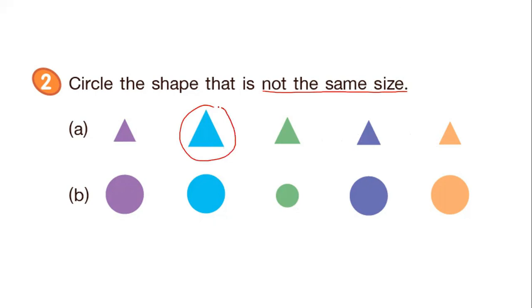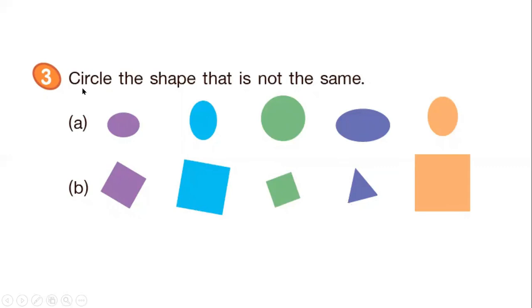Okay, so now you can answer part B. Okay, we look at number 3. Circle the shape that is not the same.